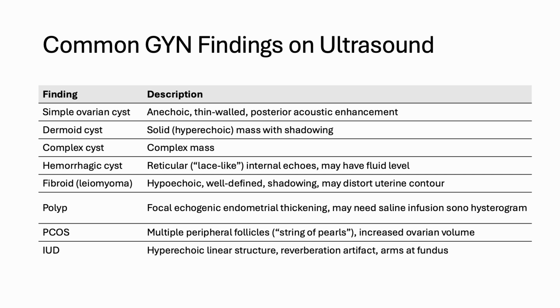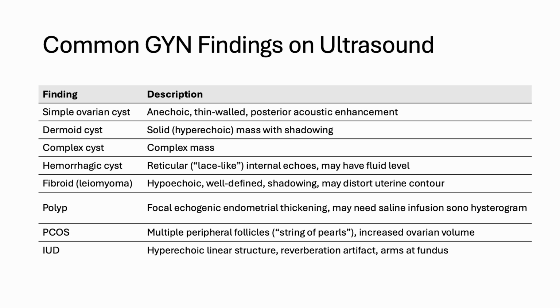A hemorrhagic cyst looks lace-like. Internal echoes may have a fluid-filled level. A fibroid is usually hypoechoic, well-defined. It's usually complex, as you remember from that image earlier. It may distort the uterine contour.